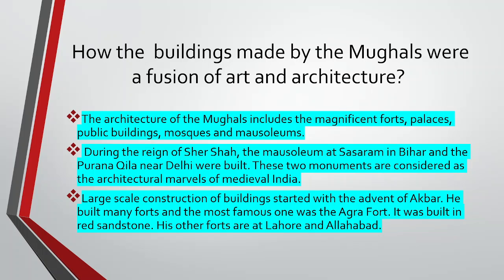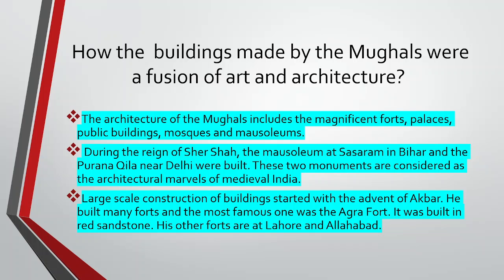This means that large-scale building construction started with the advent of Akbar, and he built many forts. The most famous fort of Akbar was Agra Fort, built in red sandstone, and his other forts are in Lahore and Allahabad.